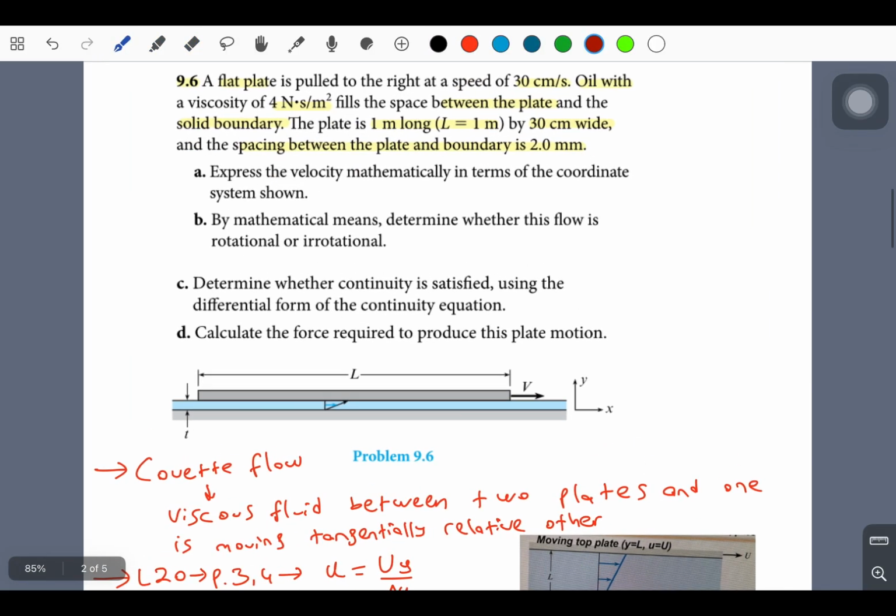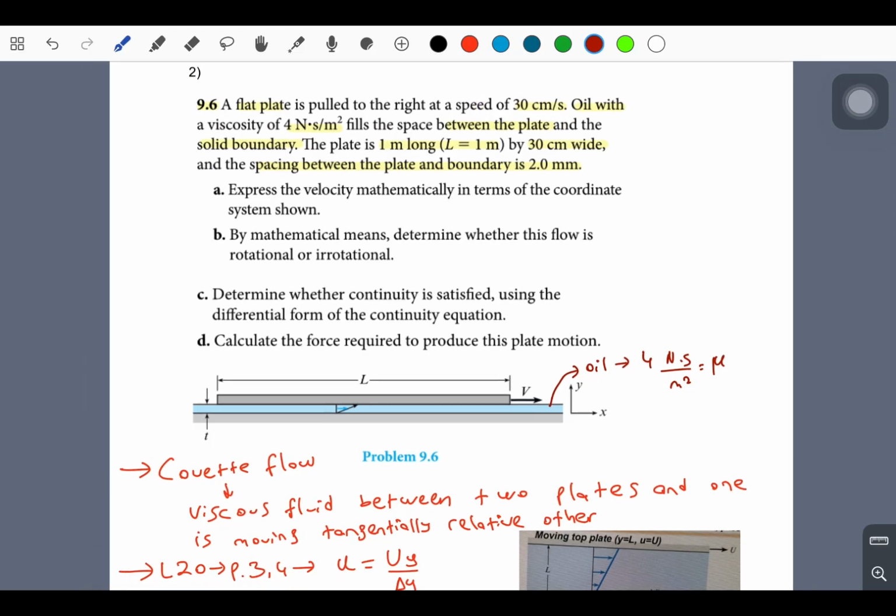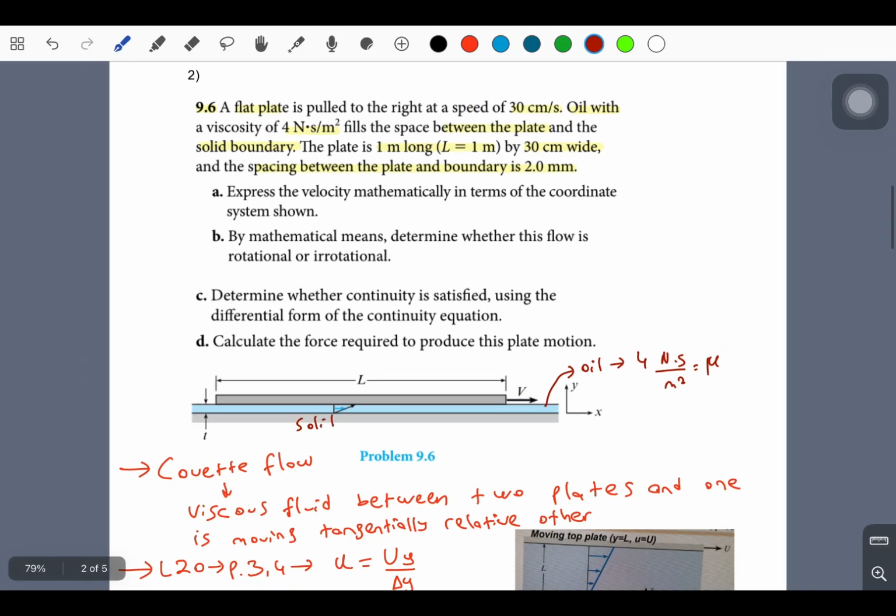So this means that we have a fluid like oil, and it has viscosity, and it is filling that space between these two plates. So this is the solid boundary, and we have a moving plate here.